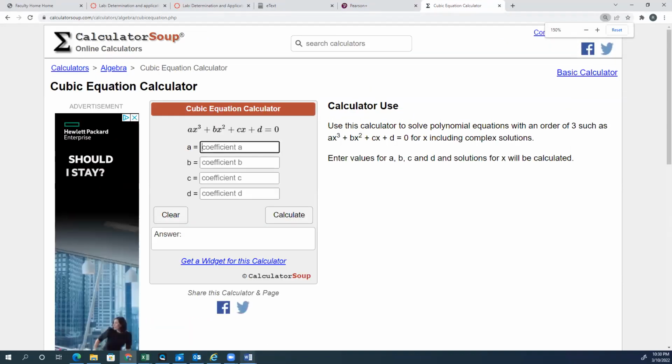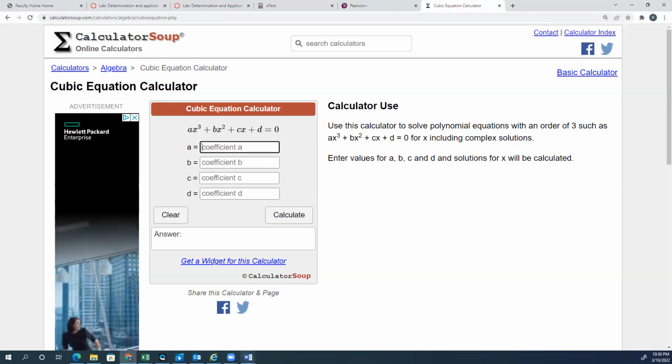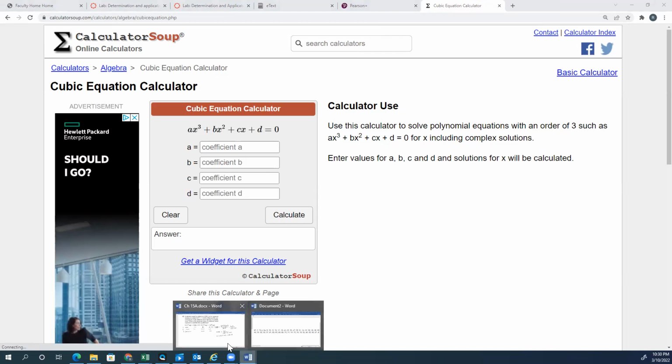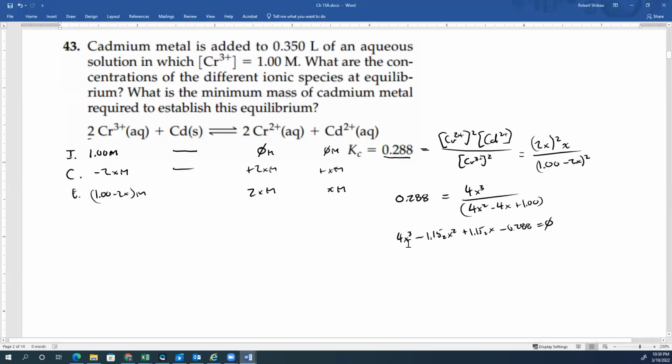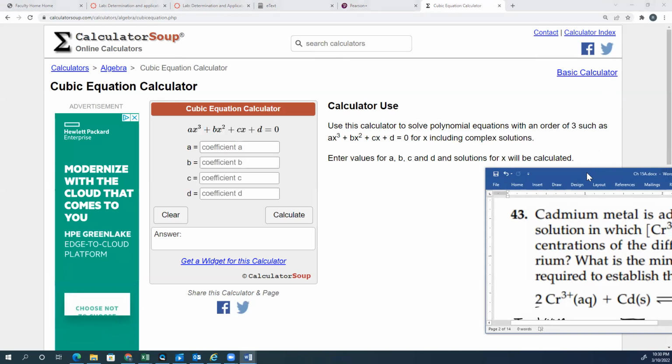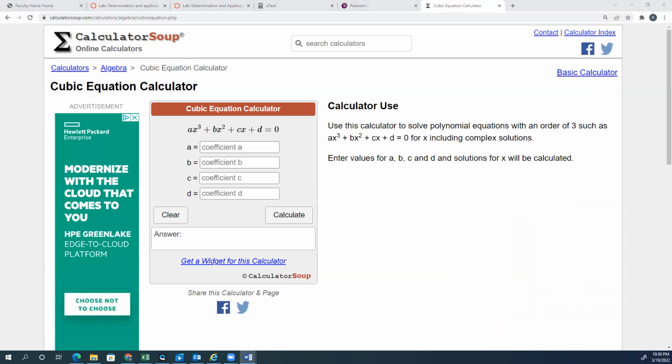So let's see what those numbers were. Those numbers were 4, minus 1.152, plus 1.152, and minus 0.288. I doubt I'll remember that, but let's see. I'll move it over here so I can see it.